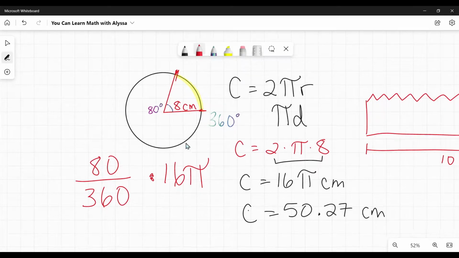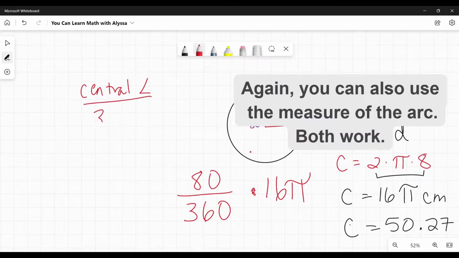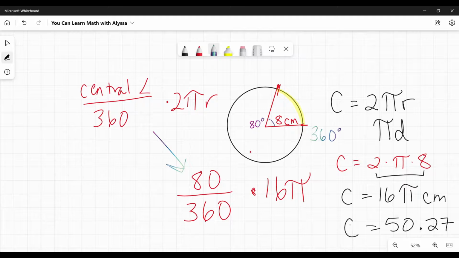And if you want to look at a little formula, it's going to be the central angle of the arc over 360 times 2 pi r. That's where all these mathematical principles come together. This is the formula that it creates, and that's what you're seeing right down here.